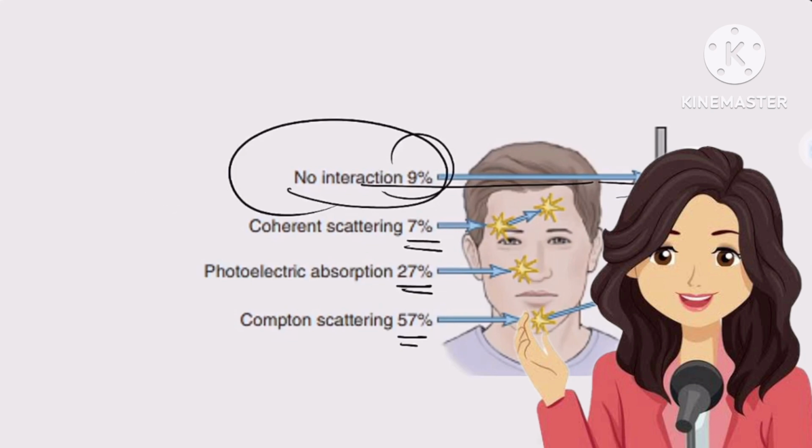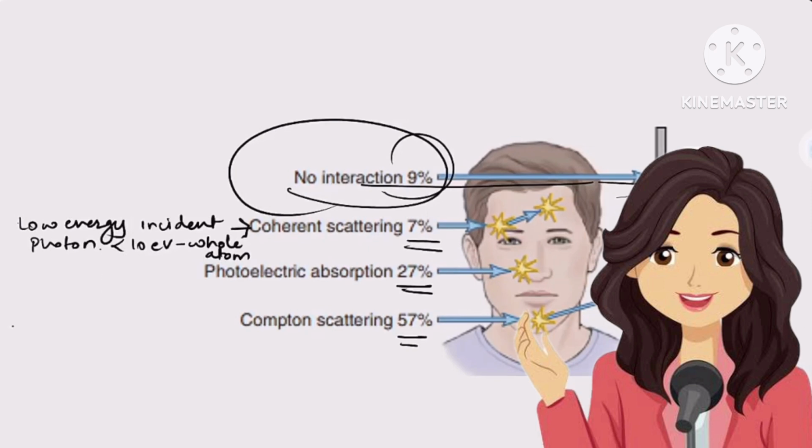Now how this interaction takes place. There are three possibilities. Just mention in your notes: a low energy incident photon, less than 10 electron volt, interacts with the whole atom.